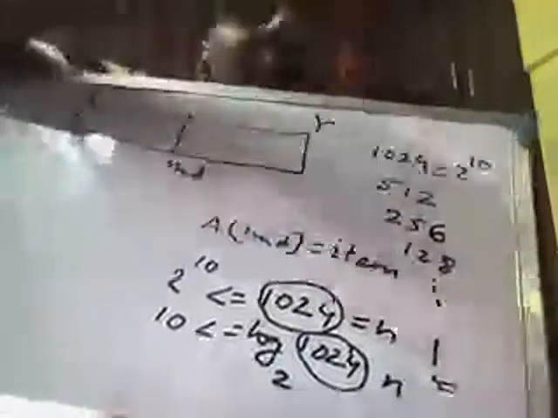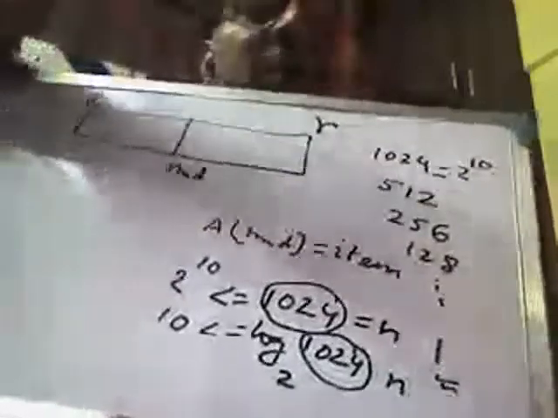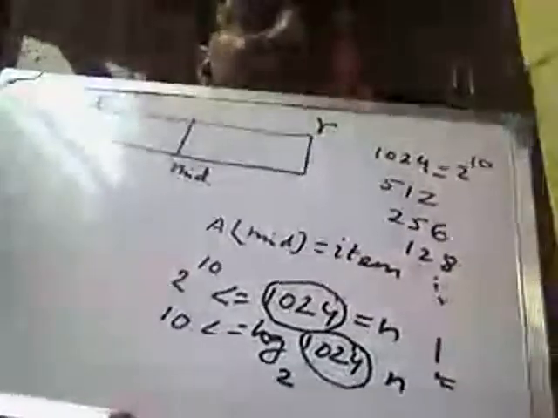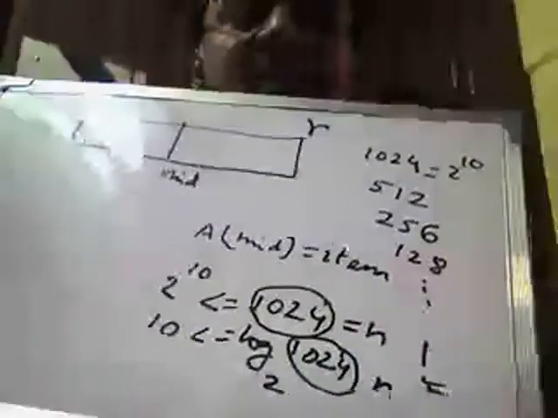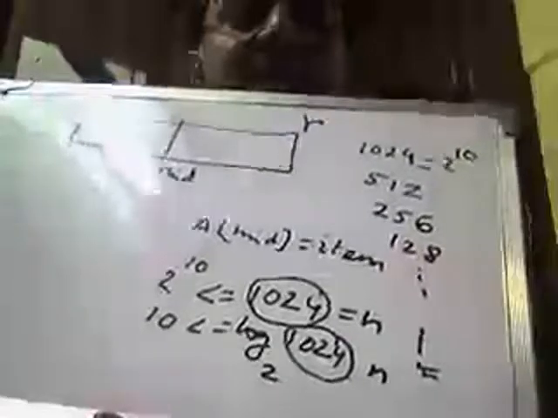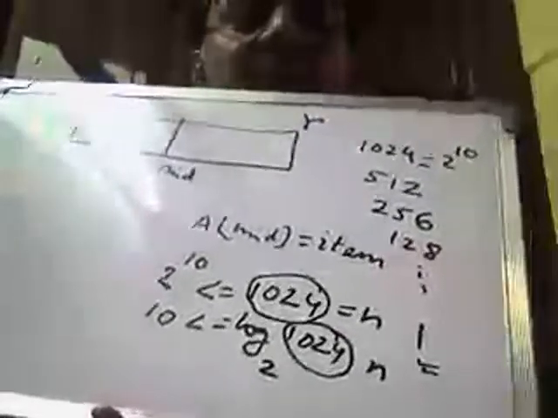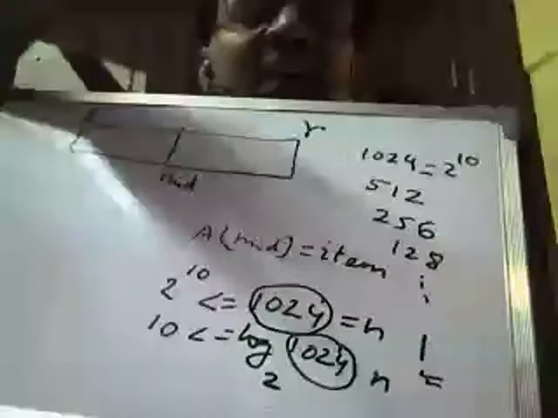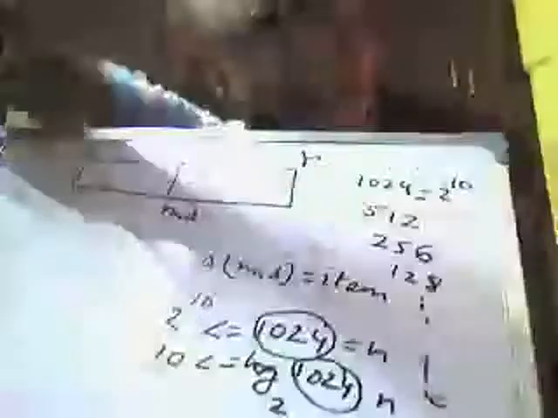In this way, every time you are dividing the whole sublist by 2, ultimately you will reach 1. If the searching item is there somewhere, then it is fine. But if the searching element is not there at all, then you have to go to the very last position. That means you have to reach 1.